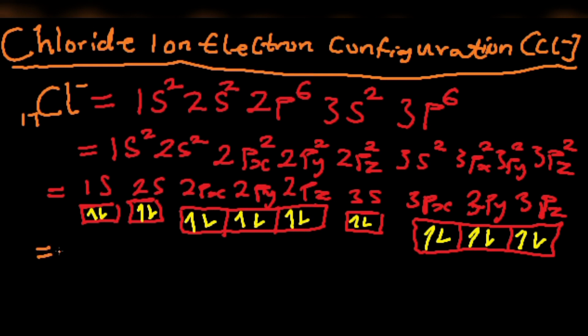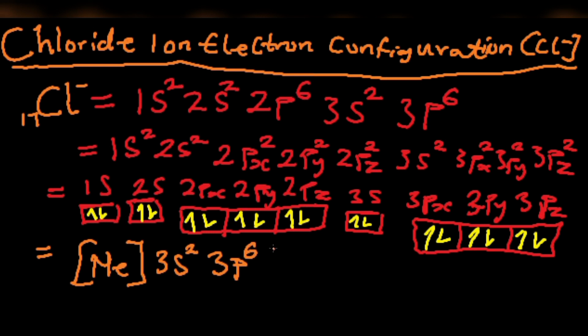So we have neon here, right? Then from there we have 3s, which will take 2, and then from the 3s we have 3p, which will take 6.